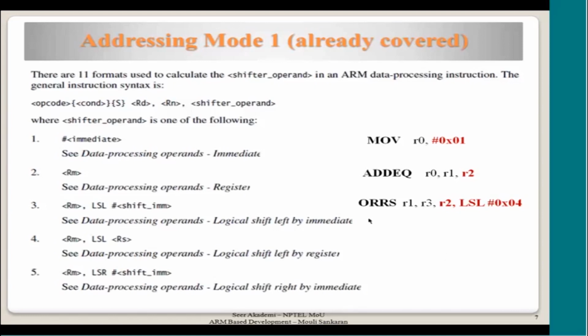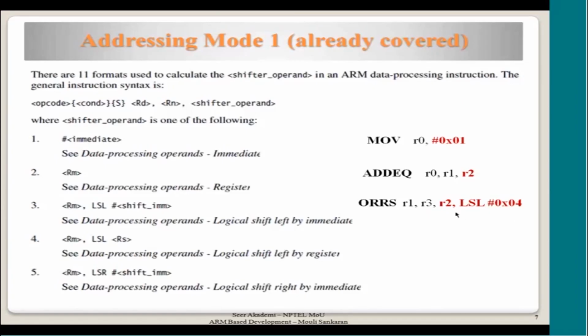So before I explain this, please remember this instruction is about a Boolean arithmetic OR operation, and S is for saying that this instruction can affect the conditional flags in the processor. And R3, R2. So on R2, what are we trying to do here?